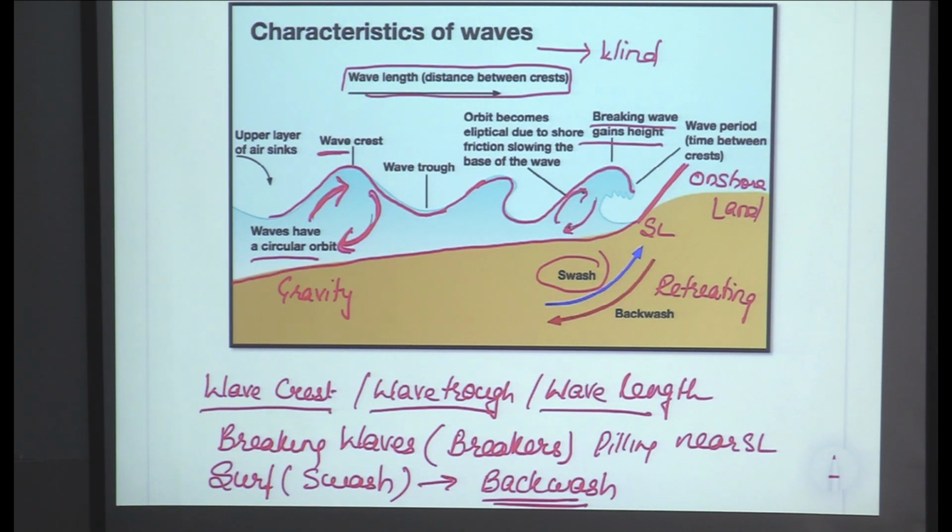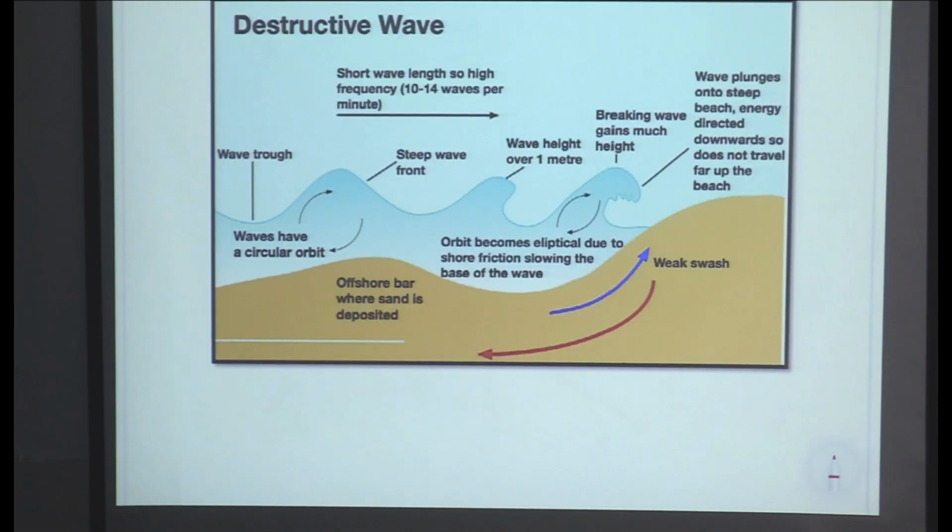If I have to repeat the characteristics which I just mentioned of wave crest, wave trough and wavelength, let us take these two sets of diagrams one by one before going to NCERT. Which are these two diagrams? Now, can you notice this diagram shows destructive wave. Destructive waves have short wavelength.